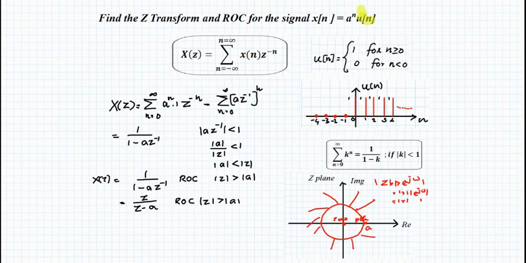Outside this circle is known as the ROC, the region of convergence, or this result is valid only in this particular region, ROC modulus of z greater than a, or graphically I can say this is the ROC region.